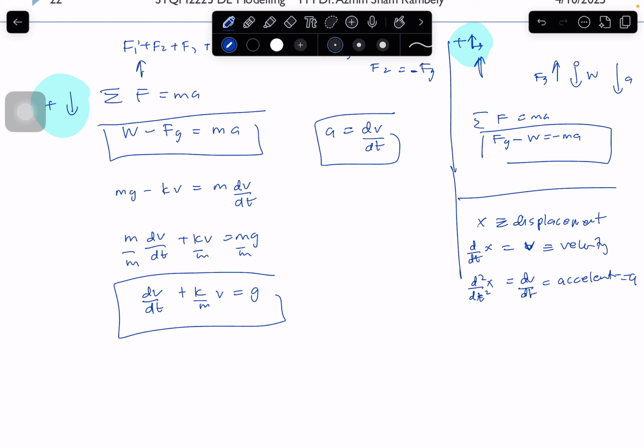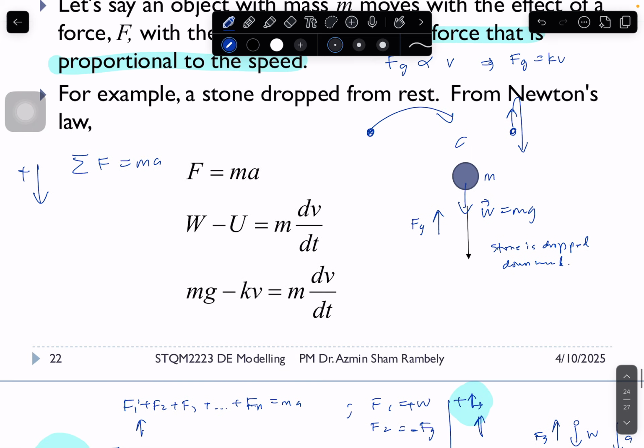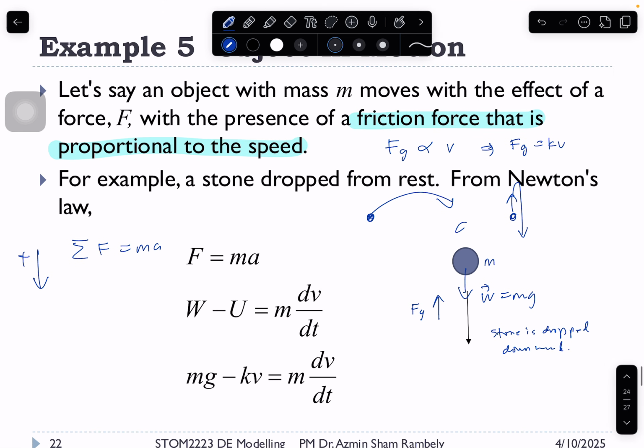Again, given the problem states that a stone is dropped from rest, that's your IVP. So when t equals to 0, v is 0.